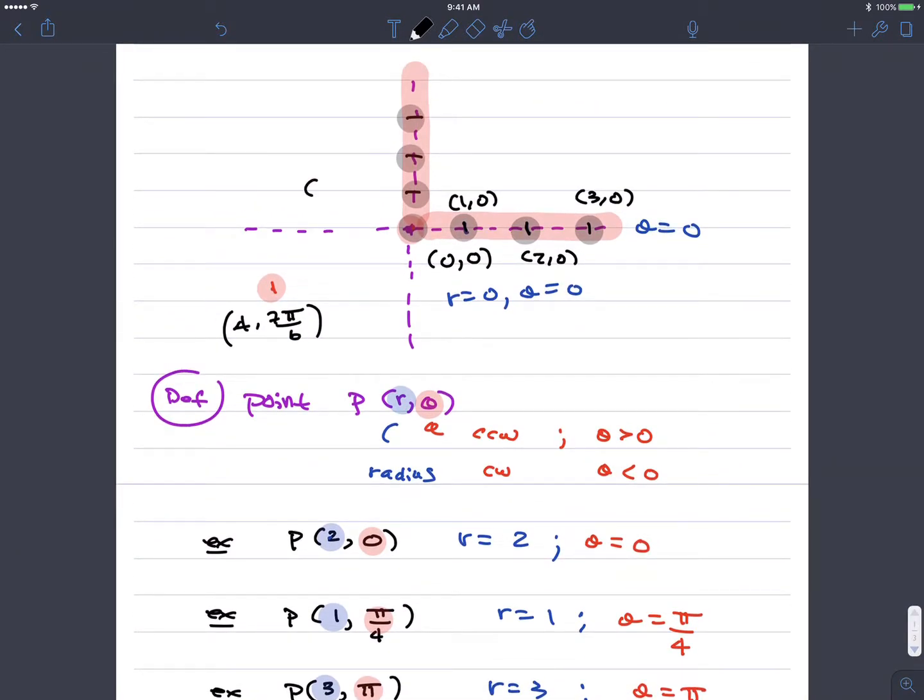This would be then a 90 degree angle. Good. What's your radius? 1. What's the radius here? 2. What's my radius here? 3. In each case, the angle is pi over 2.